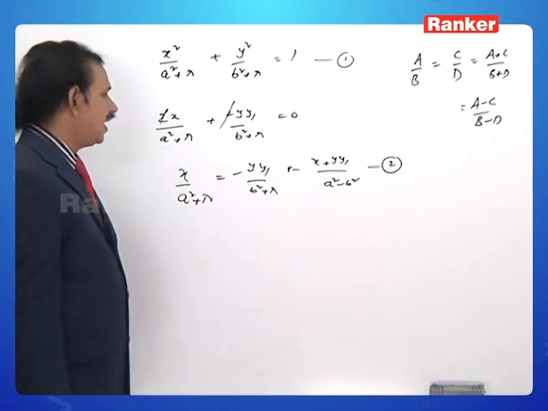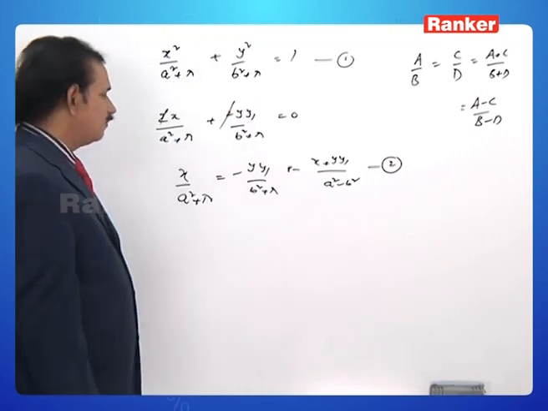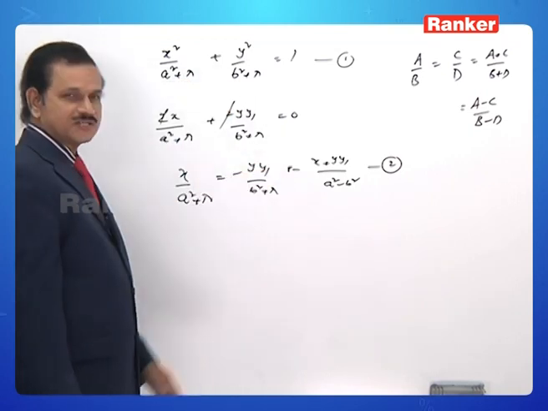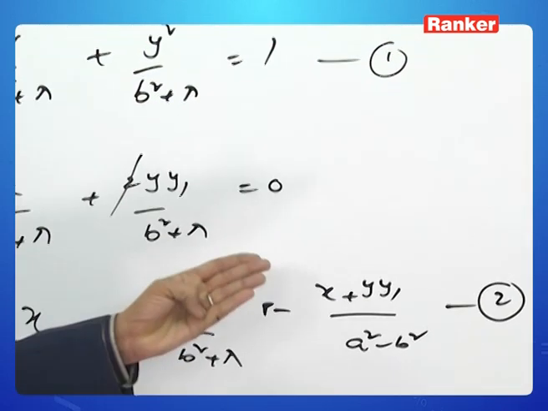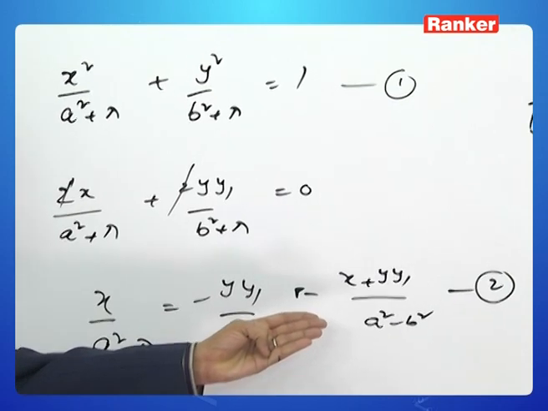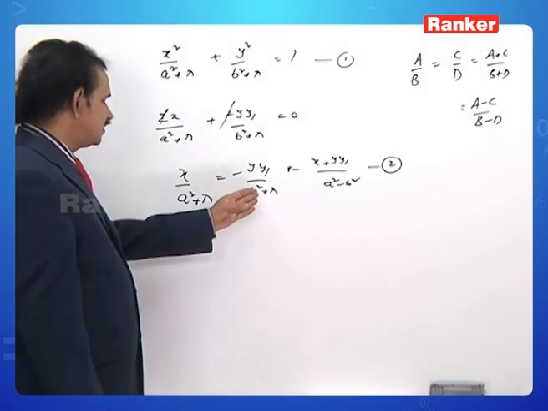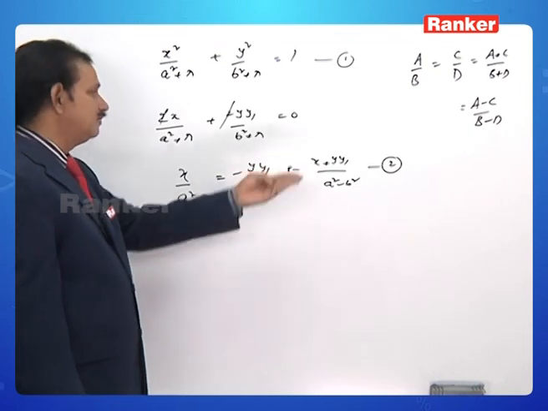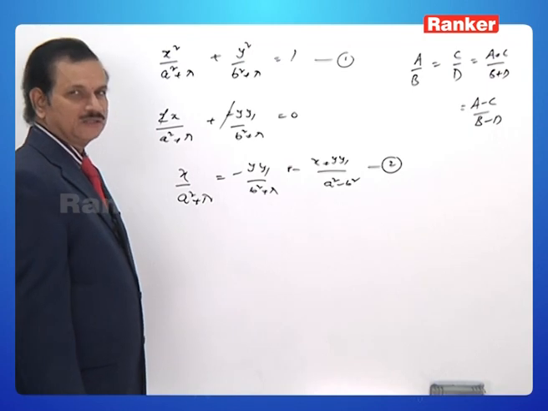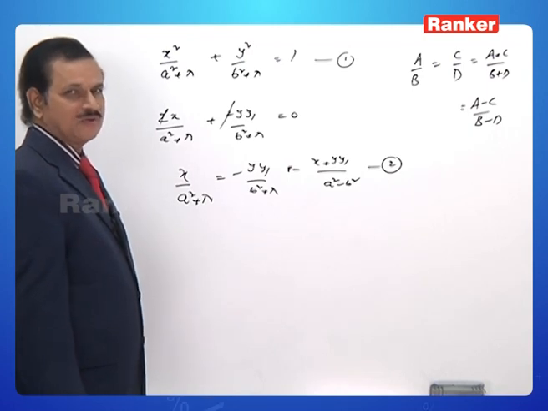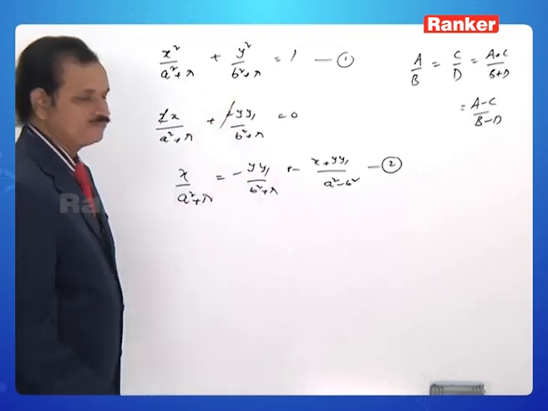Here we are to eliminate lambda from this equation. Now from this equation 2, we have 1 by a square plus lambda is x plus y1 by a square minus b square, 1 by x into. Similarly, in the place of 1 by b square plus lambda, you will be able to have some expression. Okay, we make use of those two expressions to get substituted in equation 1.